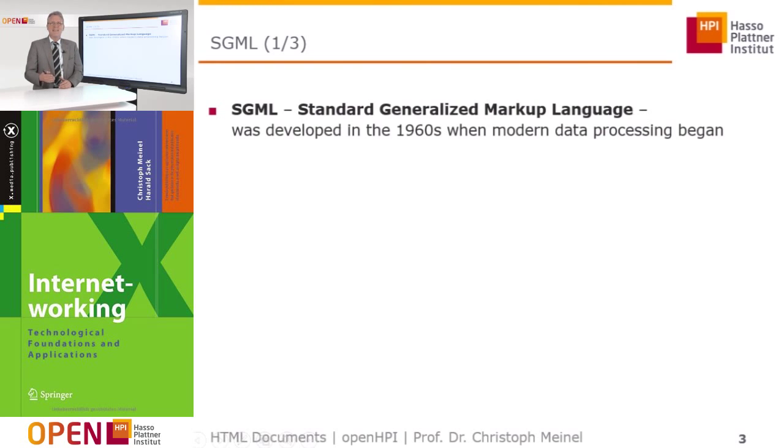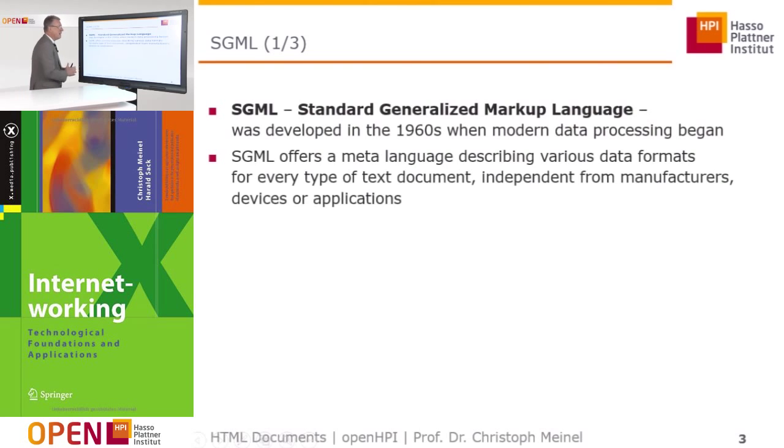And people learned that it's important to have a format that is independent from a computer, independent from the vendor of that computer. In that time, SGML was developed, and SGML offers a language describing various formats.